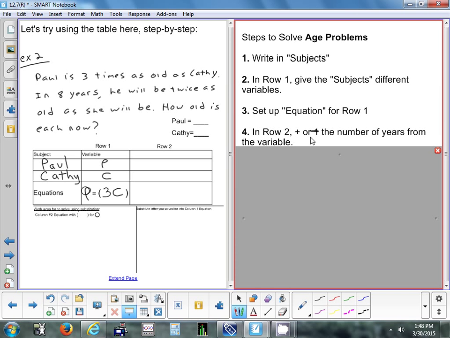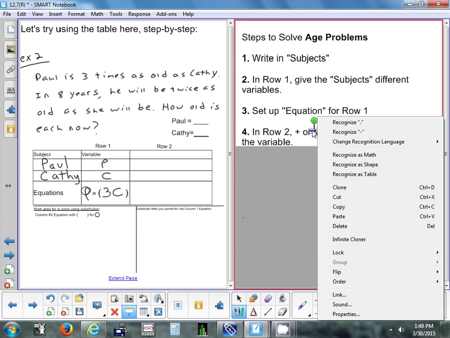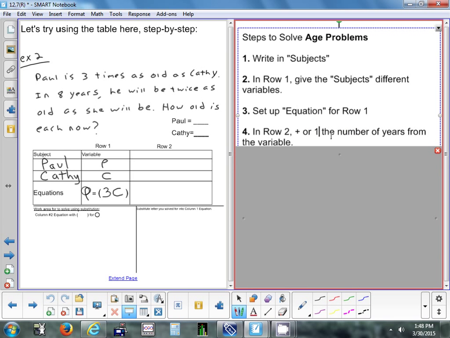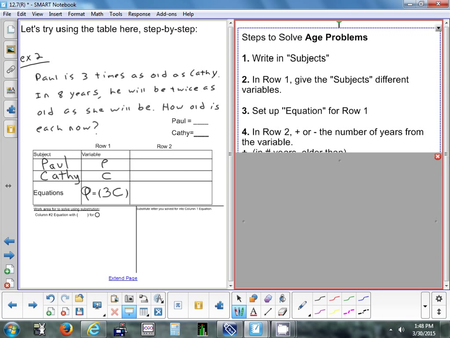Just like we did in the warm-up, just like we talked about earlier. All right? So plus or minus. Remember, there's some words that we talked about. Plus, right? This is on your sheet. It says plus, right? Plus could be in a number of years. You would add that number of years that it said. If it says older than, we would add.